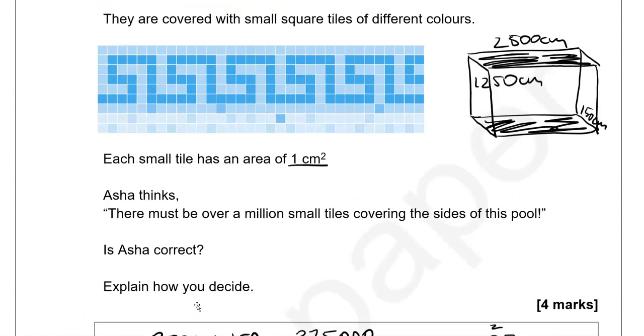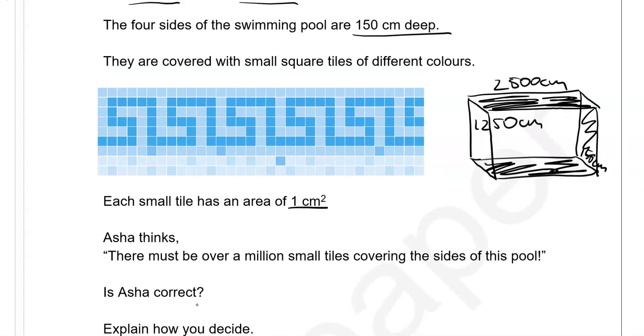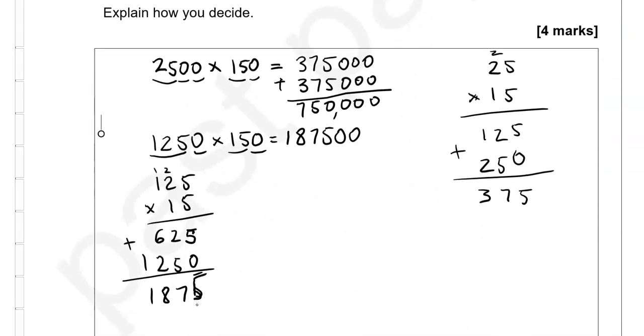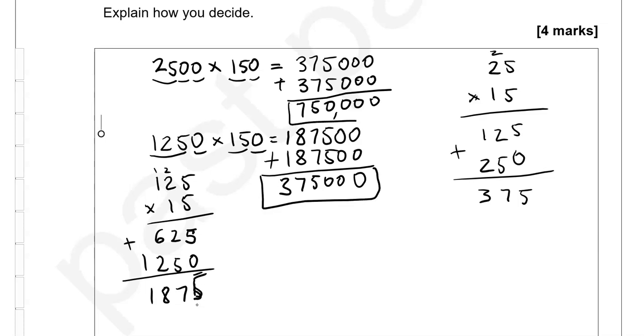And as we can see, those 2 sides are identical, so we're going to add another lot of this. So 375,000. Now adding the 2 areas together, which means the four sides.